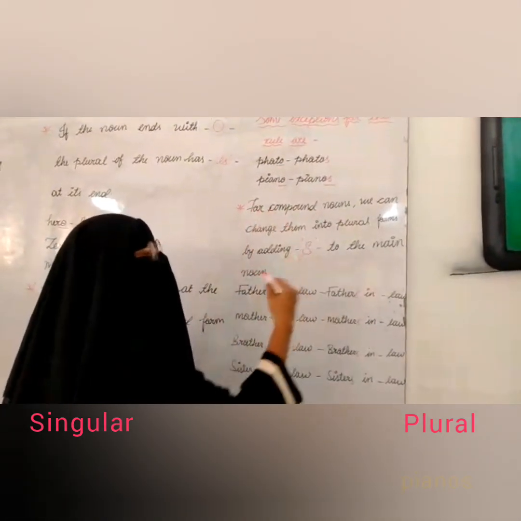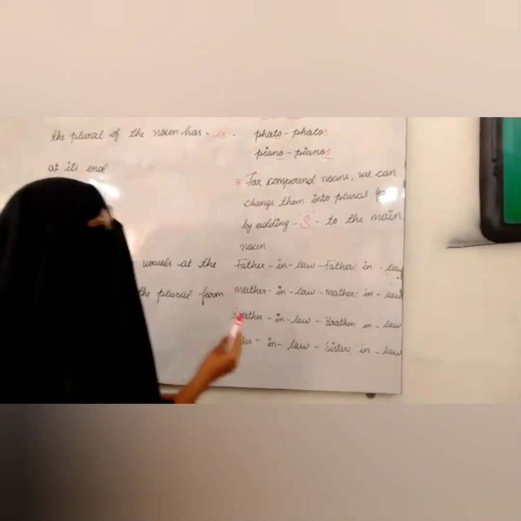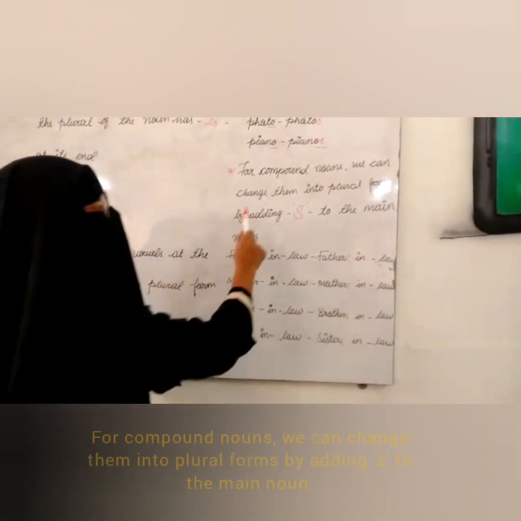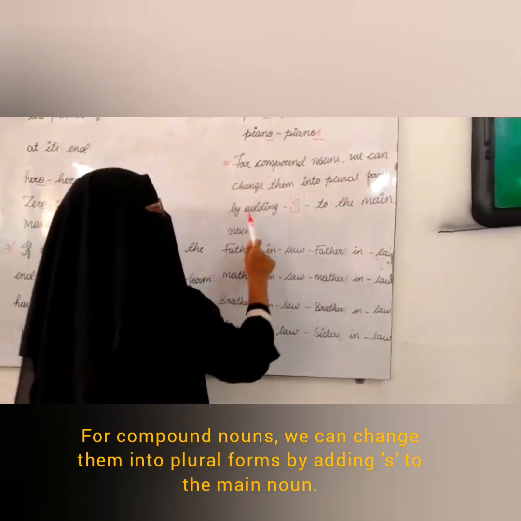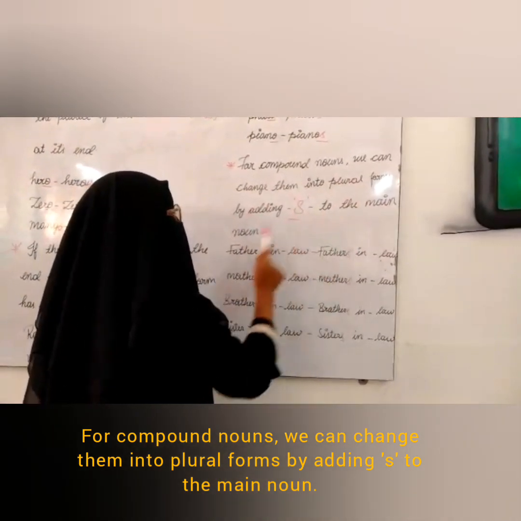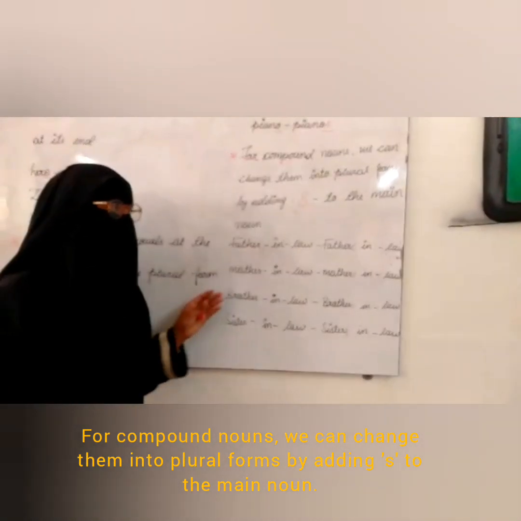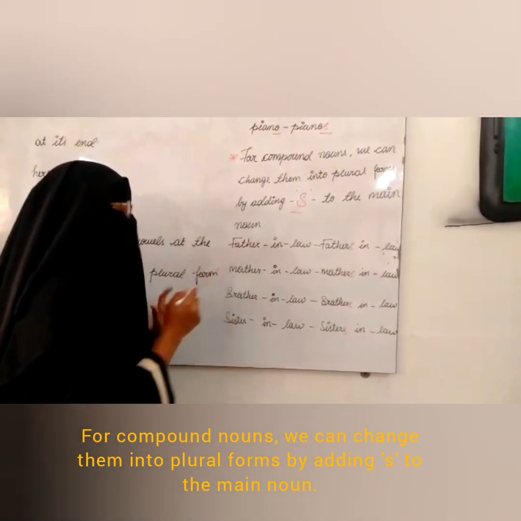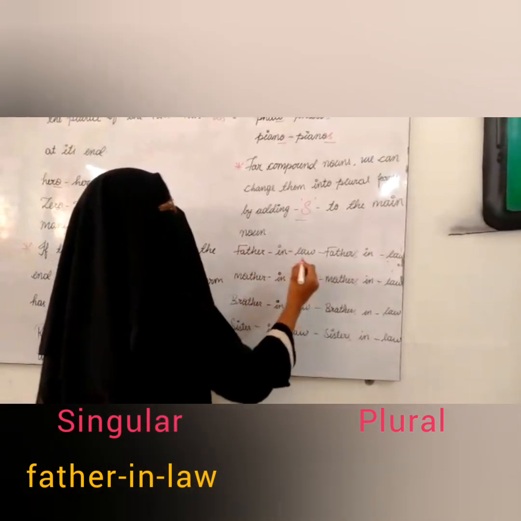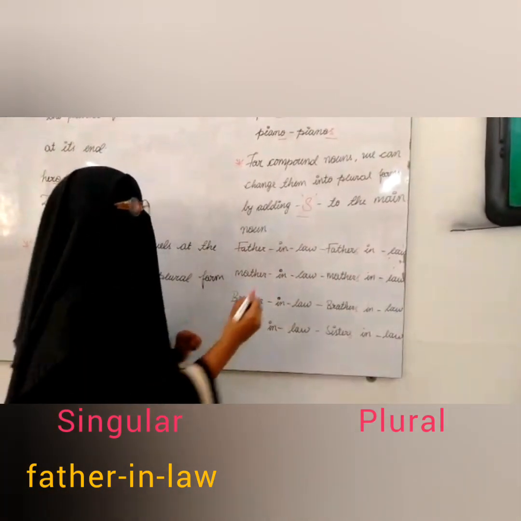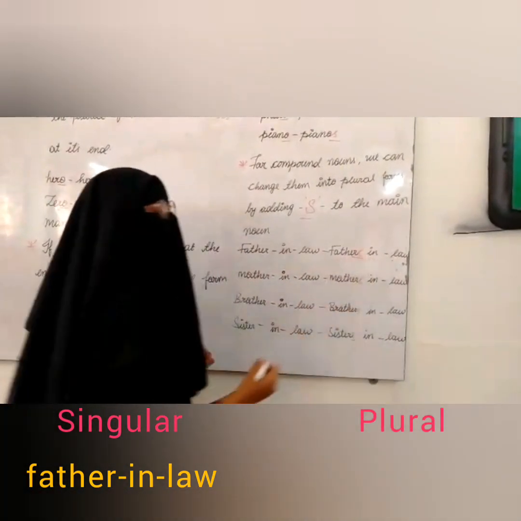Then piano becomes pianos. And the next rule is, for compound nouns, we can change them into plural forms by adding S to the main noun. Let's see the examples here. The compound noun father-in-law, so we have to add S to the main noun to make it plural.